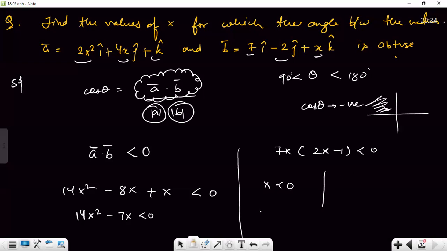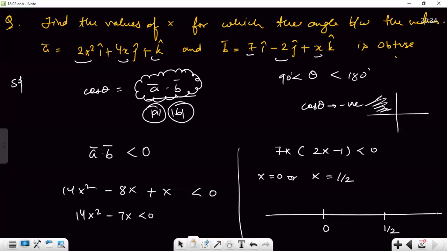So first let's find out the critical values. How do we find the critical values? By equating the expression on the left hand side to 0. So x is equal to 0 and x is equal to half.